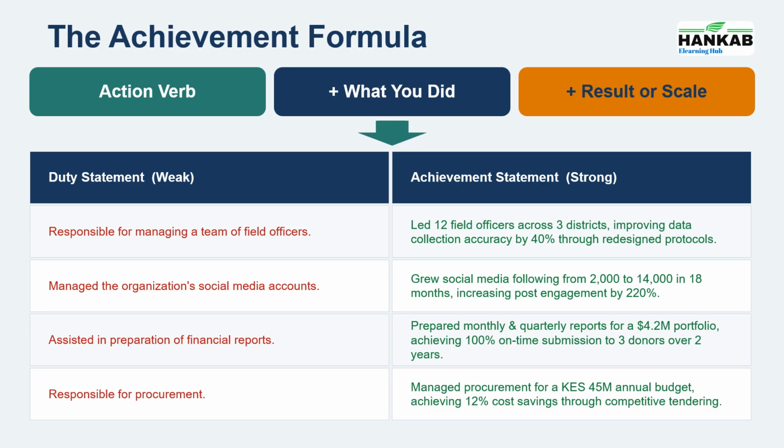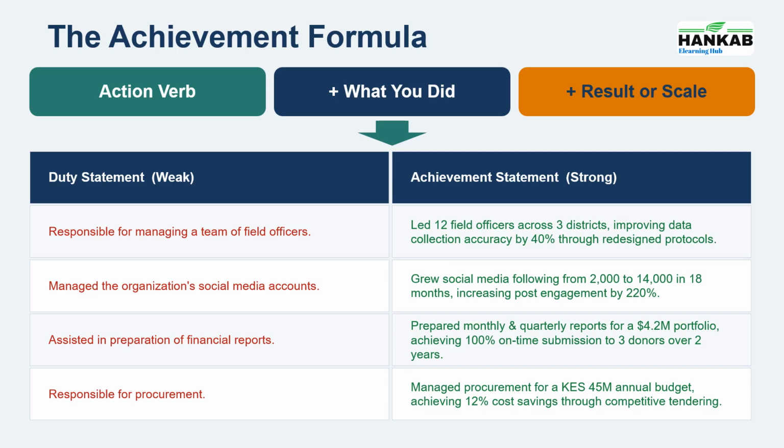Open your workbook to the Work Experience section. Pick your 3 most recent roles. For each role, write 3 bullet points using the achievement formula. Action verb plus what you did plus result or scale. Use the action verbs table in section 3.4 of your course notes to find verbs that match your category of work.